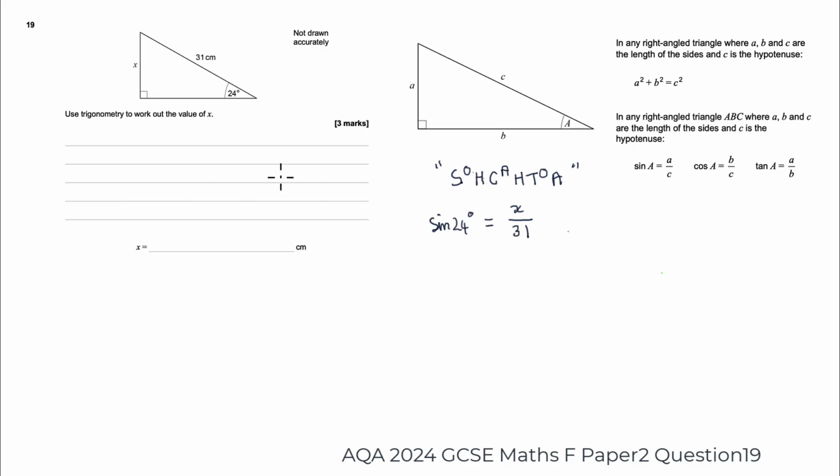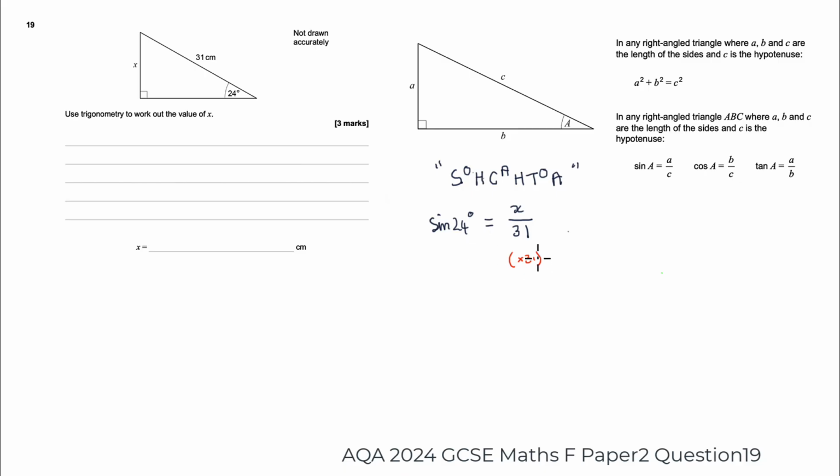So the question is asking us to work out the value of x, and we have a little equation here. Let's try and get x on its own. So as usual, we do the same to both sides. We want to get rid of this divide by 31. So the opposite of dividing by 31 is multiplying by 31.